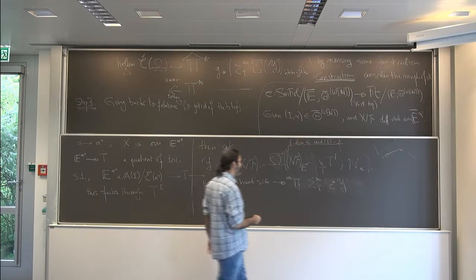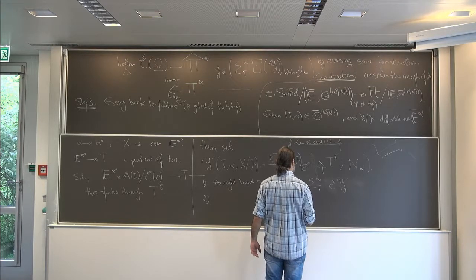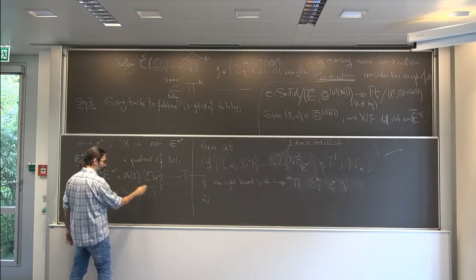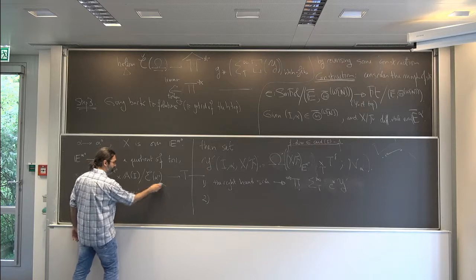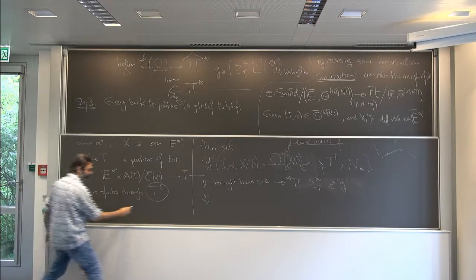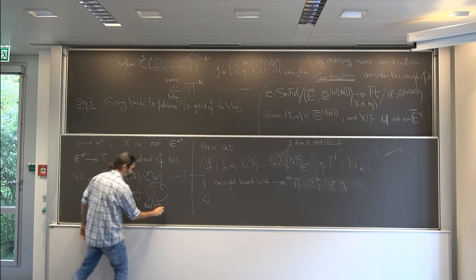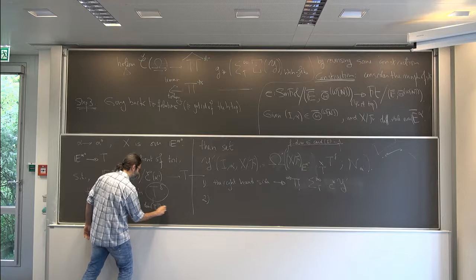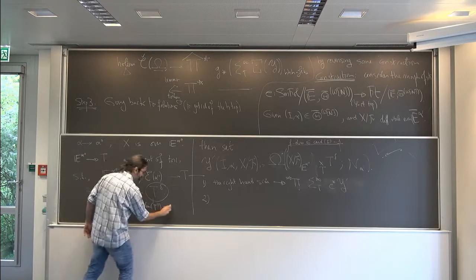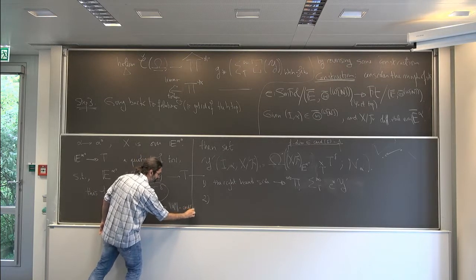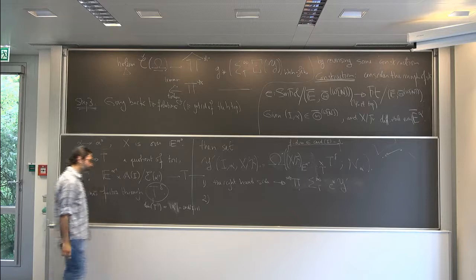And by construction, in fact, this is not completely obvious, but one can show also that the dimension of this torus of T is equal to alpha 0 minus the cardinality of I minus 1 plus 1.